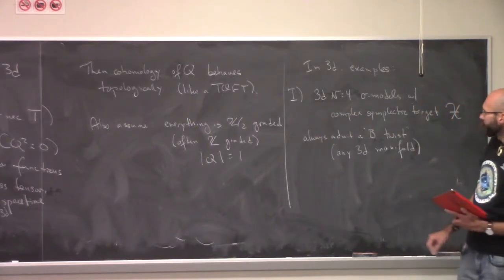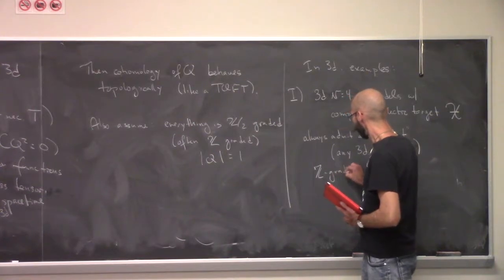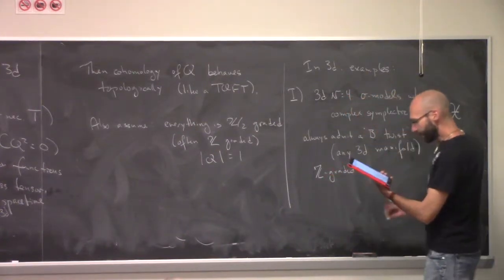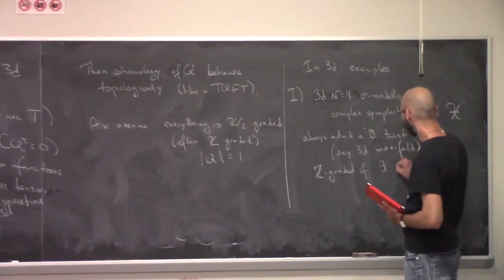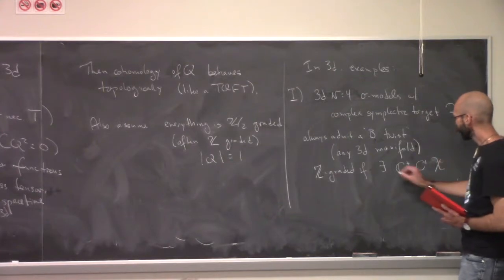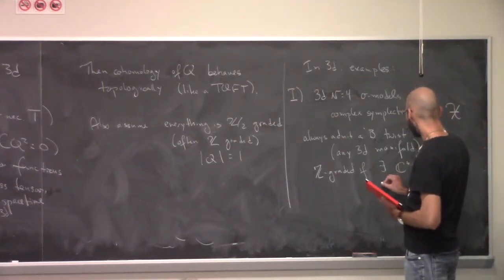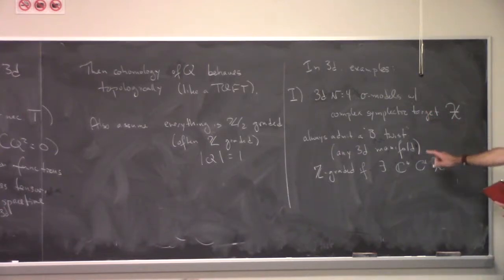It's Z-graded if we can find a C star isometry of X for which the complex symplectic form has weight 2.